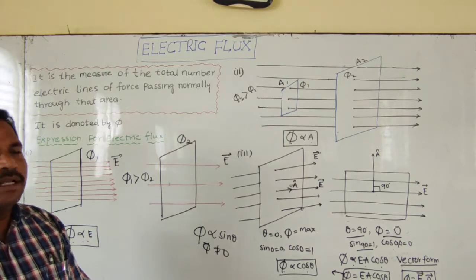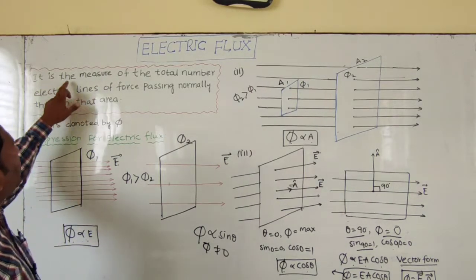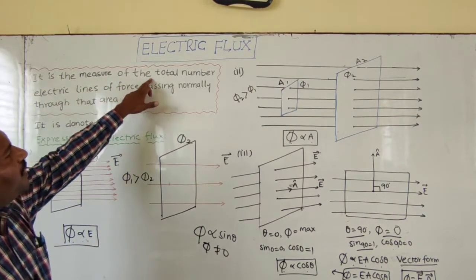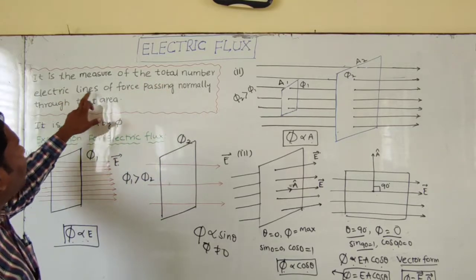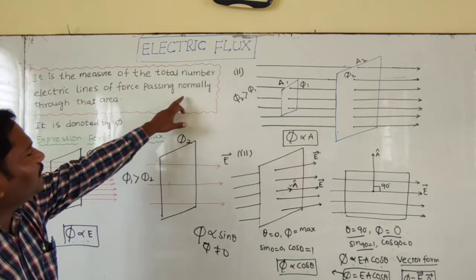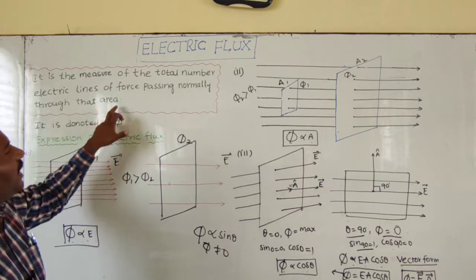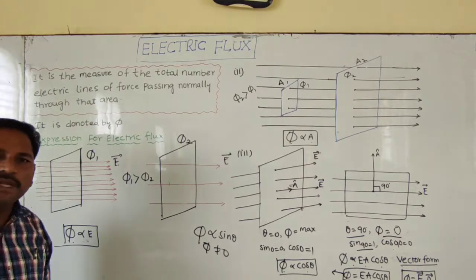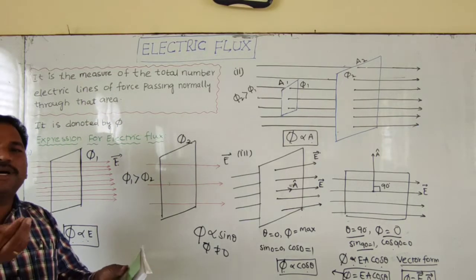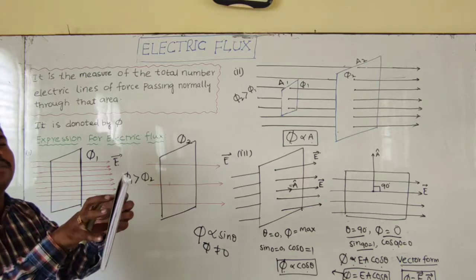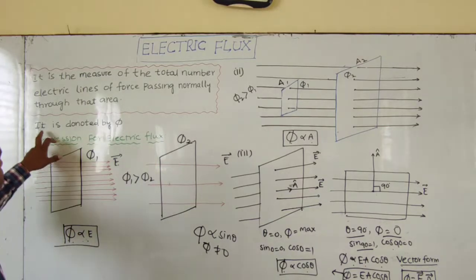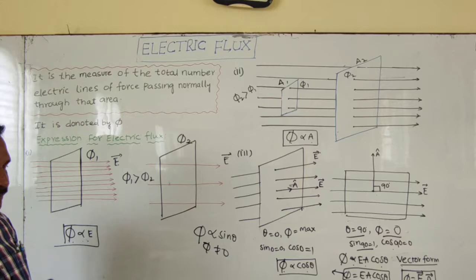Electric flux is the measure of the total number of electric lines of force passing normally through that area. It means electric lines passing through the surface normally. It is denoted by phi.